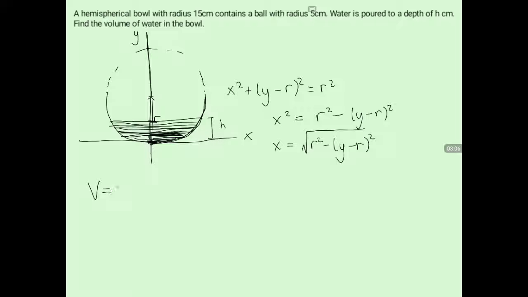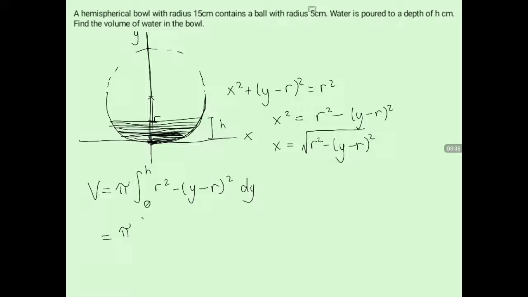So that is going to be pi times the integral from 0 to h of r squared. r is x, so we want to square this. So that's going to give us r squared minus (y minus r) squared with respect to y. So right now we need to solve this definite integral.